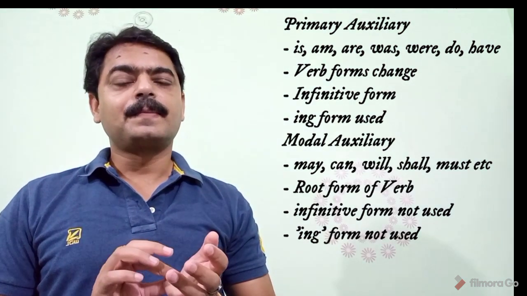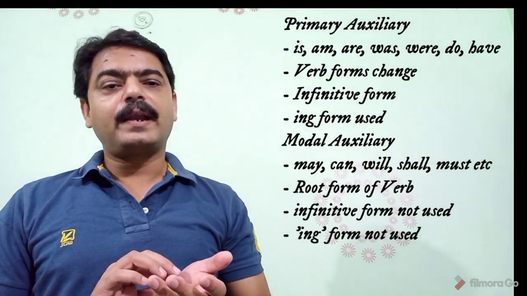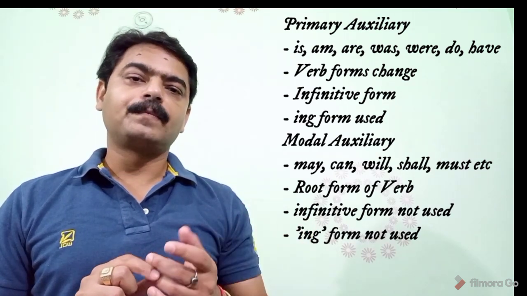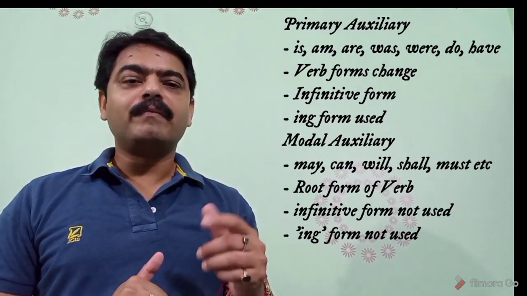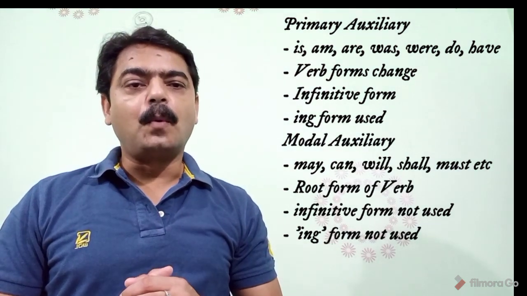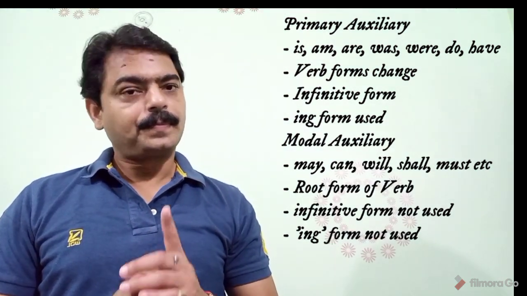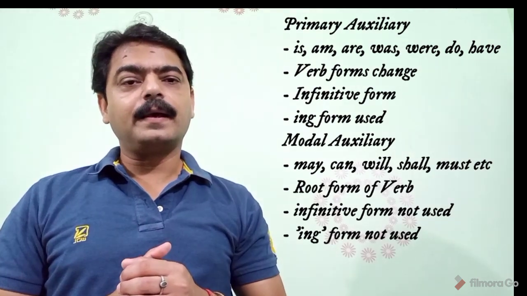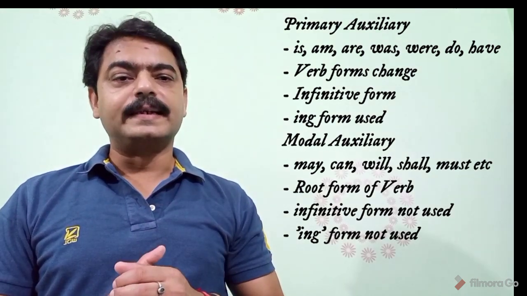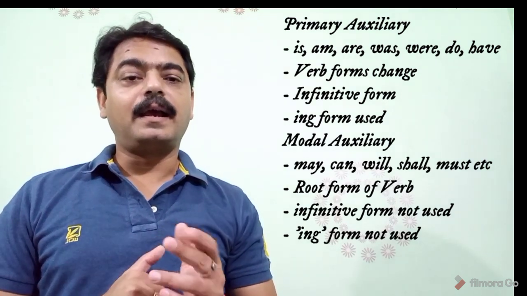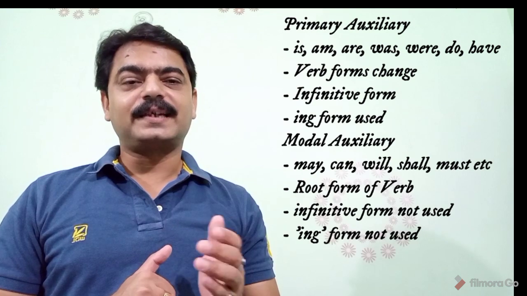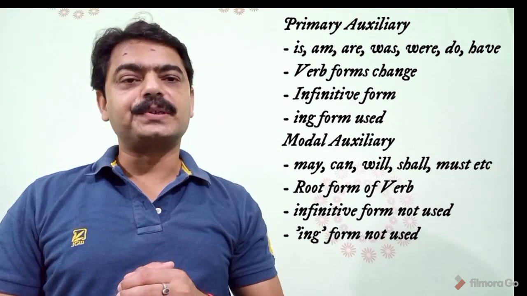Second difference, in primary auxiliary you can use the infinitive form, meaning to be, to have, to do. But no infinitive form can be used in modal auxiliaries. One more thing, you can use the ing form in primary auxiliaries, for example being, having, doing, but in modal auxiliaries no ing form can be used.